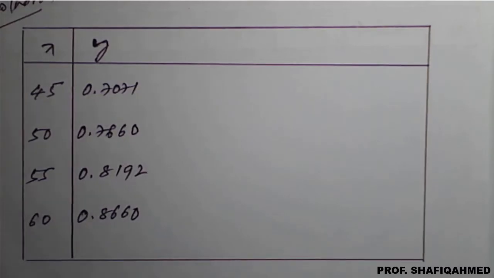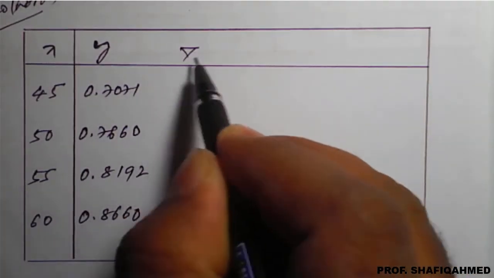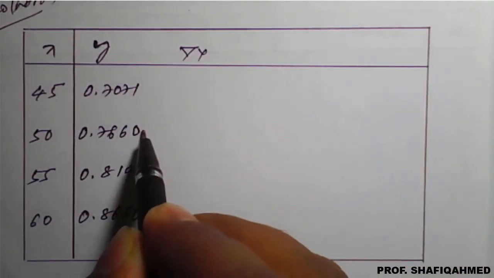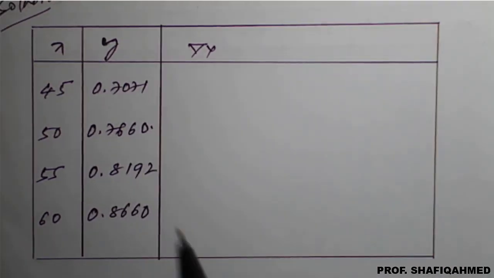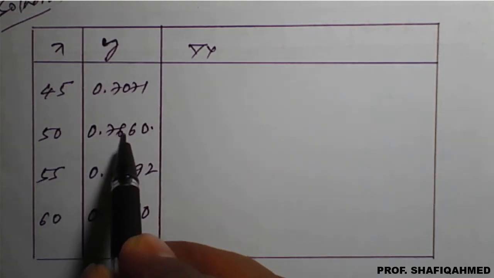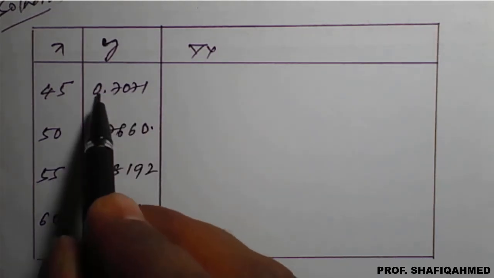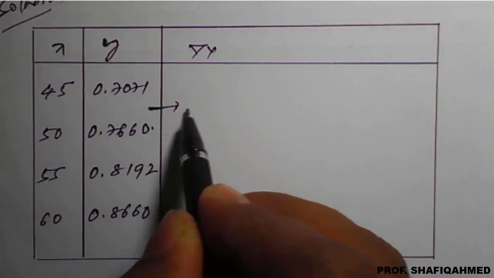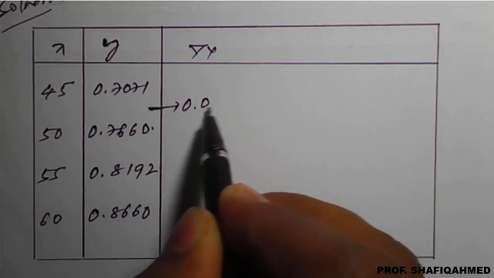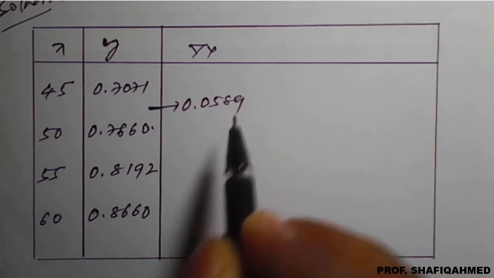Therefore, nabla of y, the difference of these two: 0.7660 minus 0.7071 will be 0.0589.